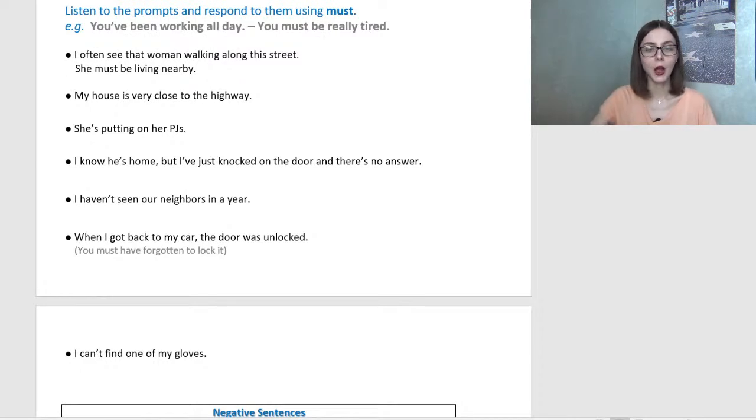All right, so my house is very close to the highway. So let's make an assumption to this situation. My house is very close to the highway. So if my house is very close to the highway, I can say, for example, it must be really noisy.